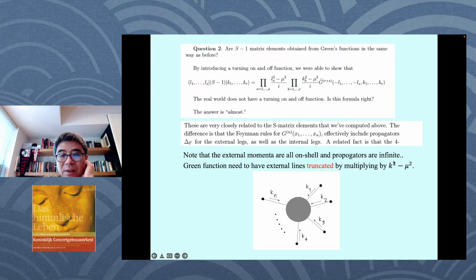Sorry, the propagators will become infinite. Therefore, in this formula, we need to multiply these green functions with the inverse of the propagator. By inverse of propagator, I mean k squared minus mu squared. So you can easily see that this is the inverse propagator, and it will cancel out this propagator.